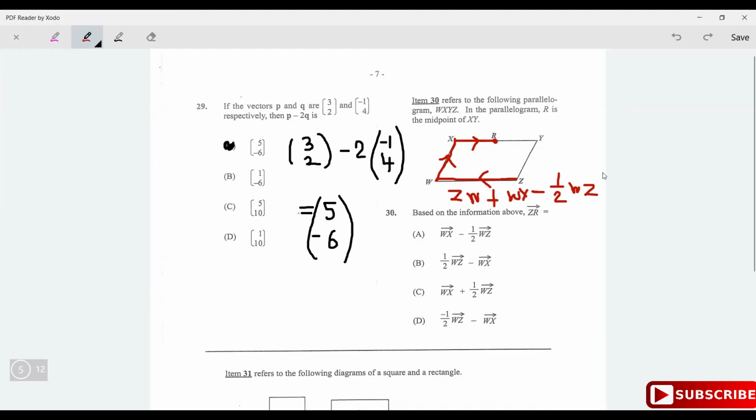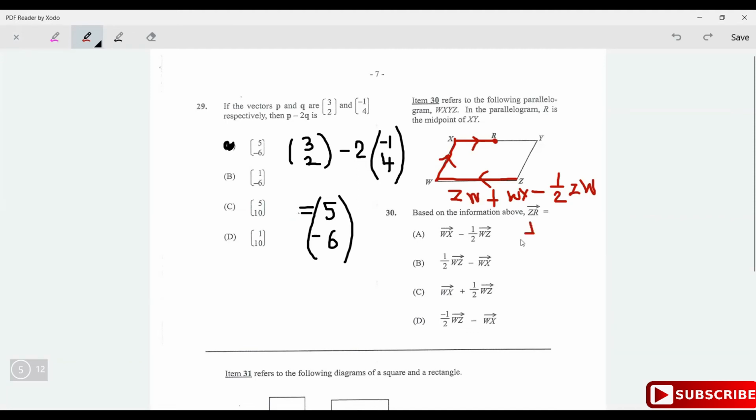Or you might want to say, let's say it's minus a half ZW, to write it properly. That should bring about clarity. And so ZW minus a half ZW results in a half ZW.